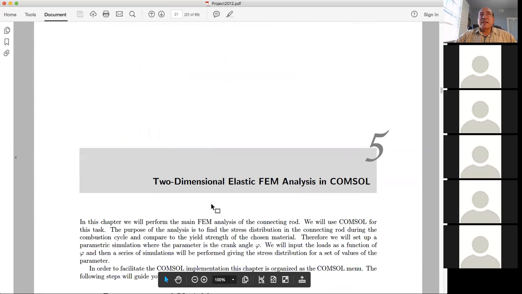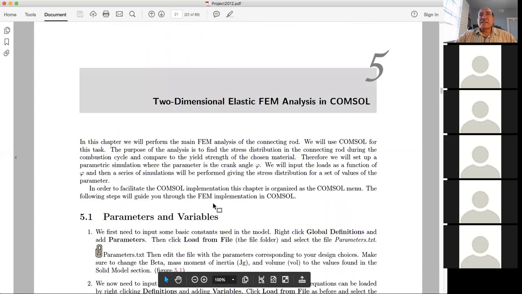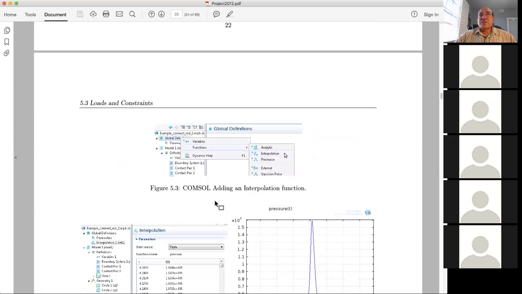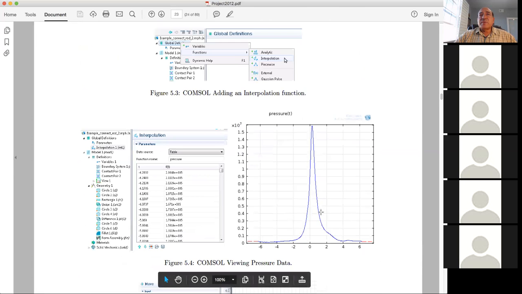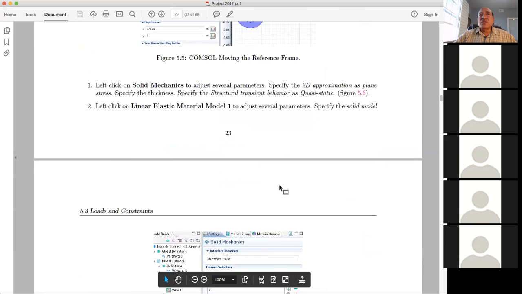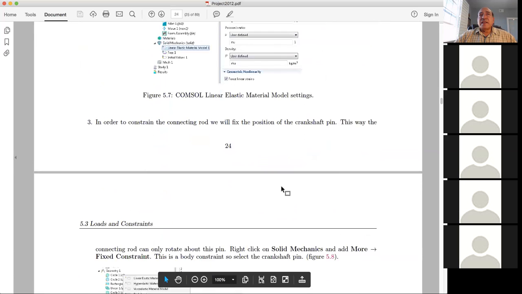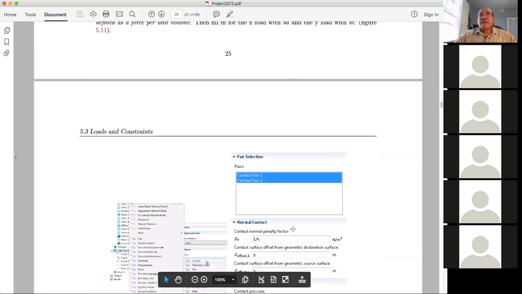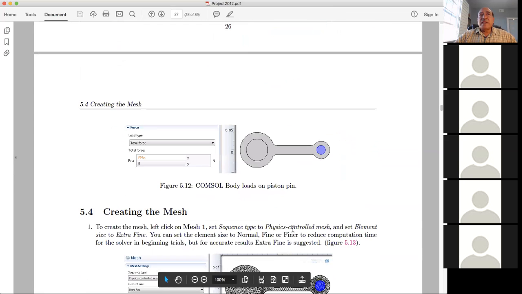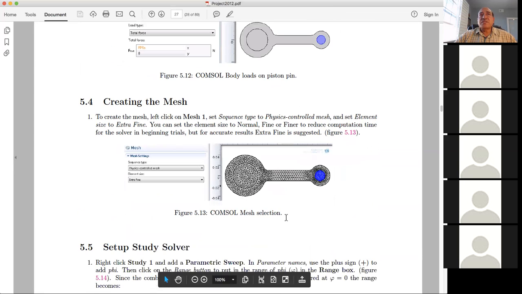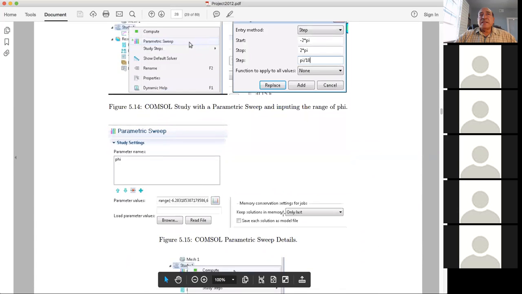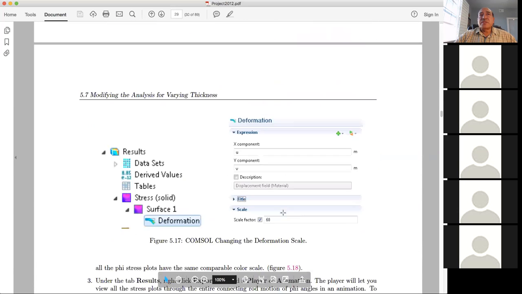And finally, you get the two-dimensional elastic analysis that will give you some stress distributions, going from the pressure data to finally getting stresses in the connecting rod. So here's the issue of the mesh, and then you're setting up the solver and getting stress distributions.